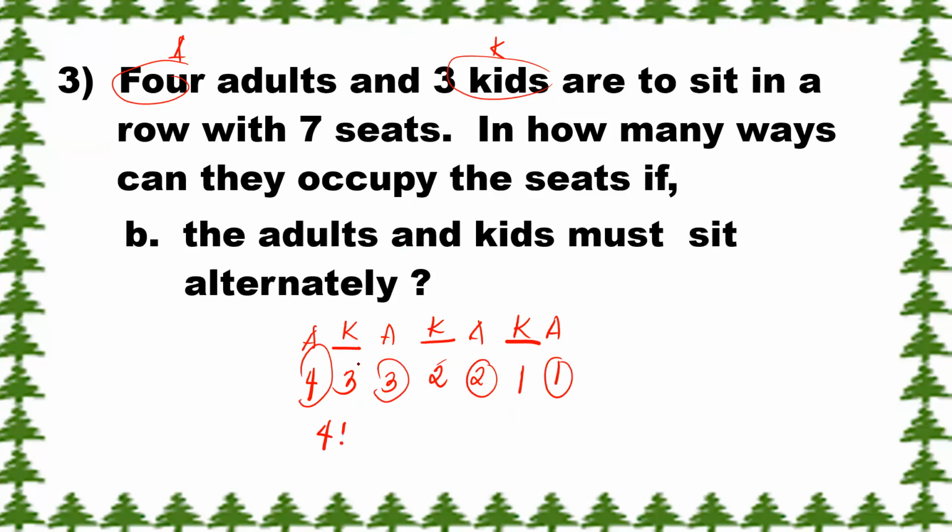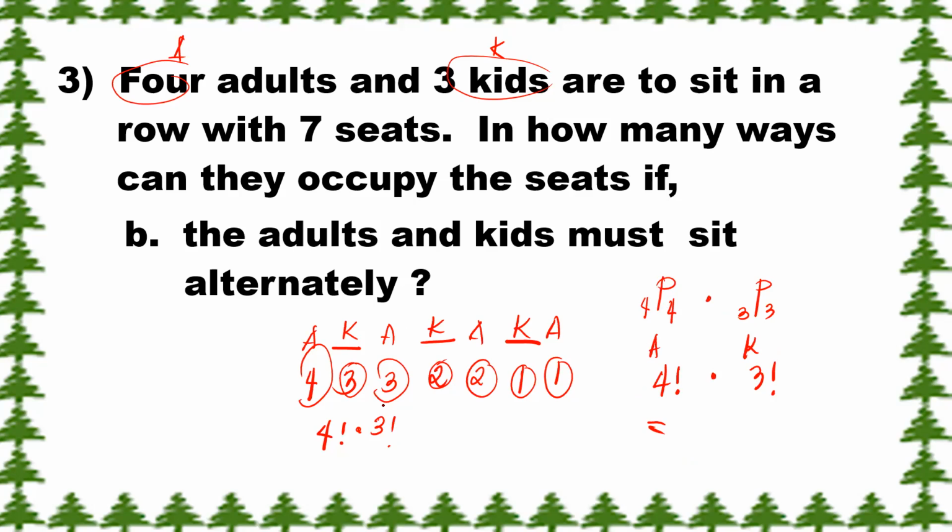For the kids, 3 times 2 times 1 is 3 factorial. Why is that? Because our solution here is permutation of 4 taken 4 at a time, for the adults, times the permutation of 3 taken 3 at a time, for the kids. Which is 4 factorial times 3 factorial.